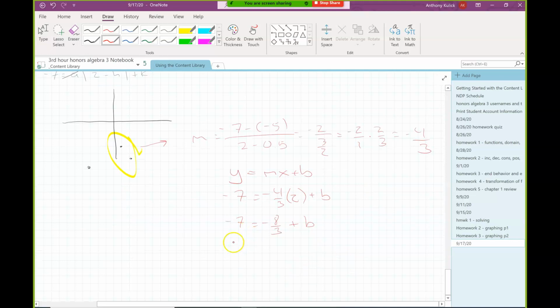If I add 8/3 to both sides, that's going to be negative 21 over 3 plus 8/3 equals b. 13/3 is b. Okay with that.